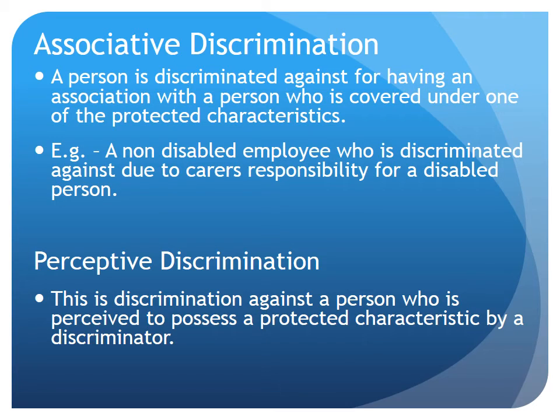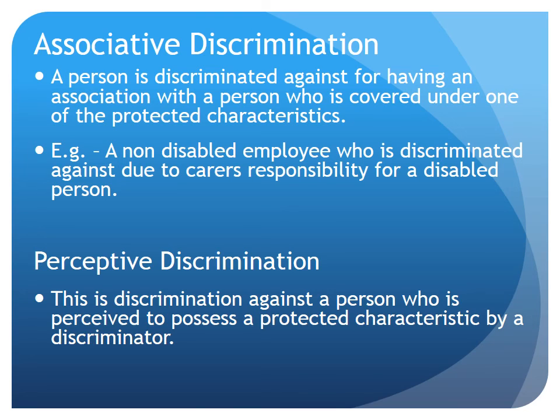So, for example, a non-disabled employee who is discriminated against due to them having carer's responsibility for a disabled person. So perhaps they've been overlooked for a promotion opportunity because they are a carer. Another example of this could be that they are in a relationship with somebody who has one of the protected characteristics. For example, the employee's partner may have a reassigned gender, but they themselves do not.